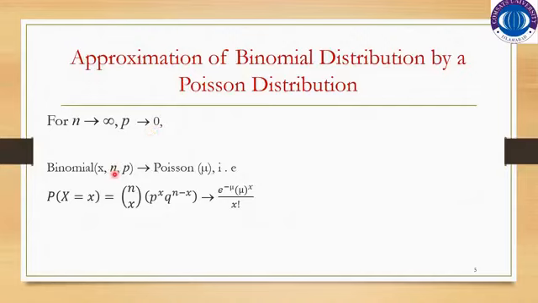So you can approximate the binomial distribution by the Poisson distribution with parameter mu. Whenever we have n very large and p very small, the binomial distribution with two parameters n and p will tend to the Poisson distribution with parameter mu. This is the probability mass function of the Poisson distribution with parameter mu.